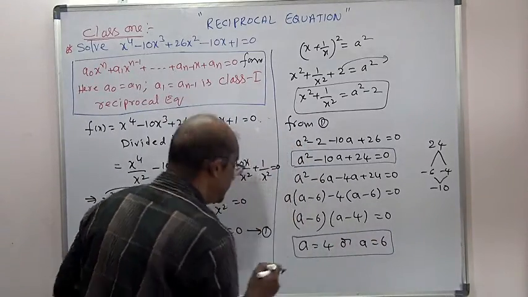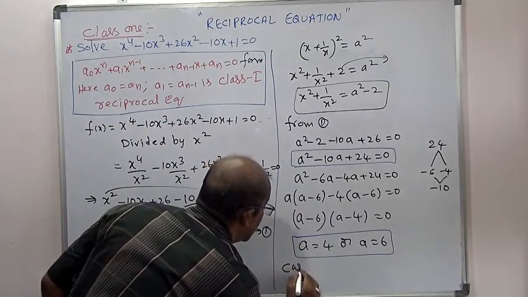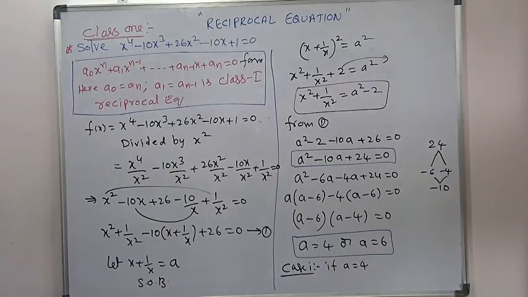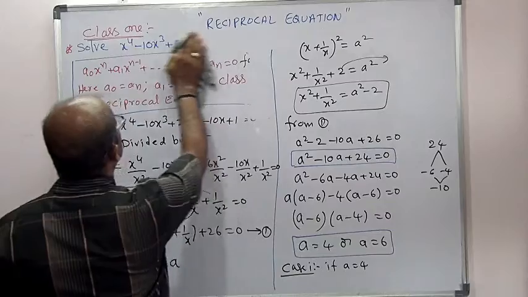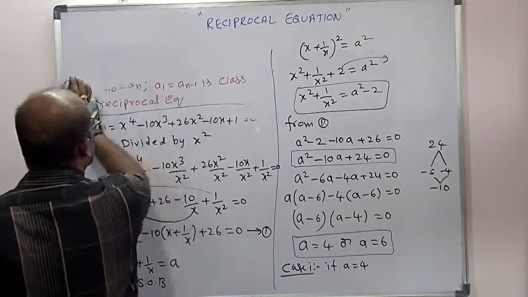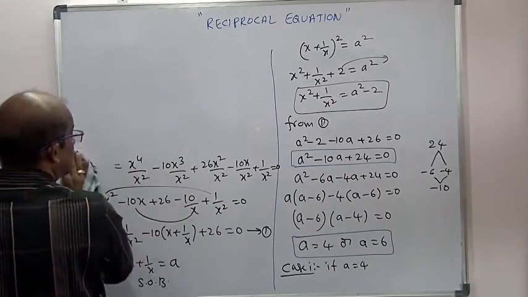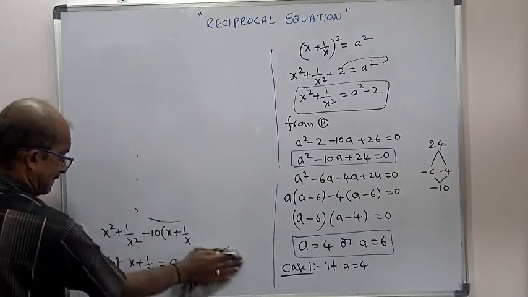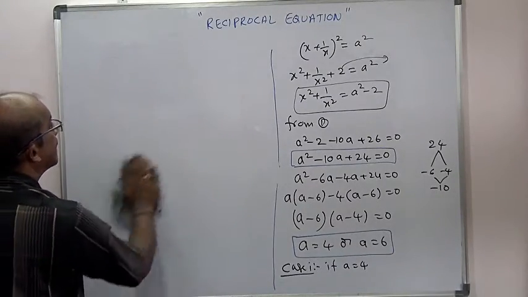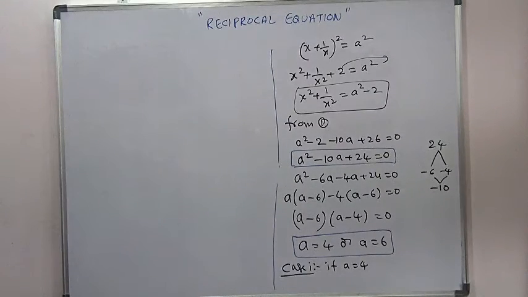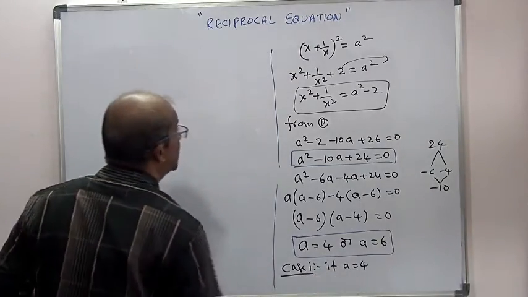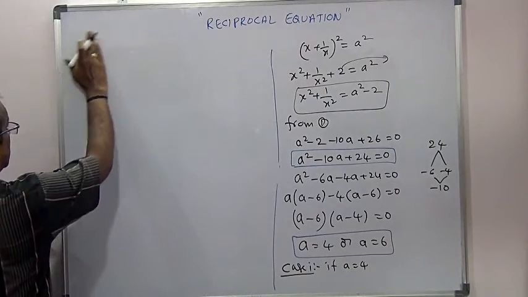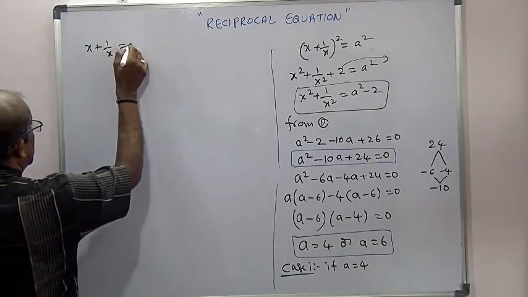Now, what is the a value in case 1? In case 1, if a is equal to 4, x plus 1 by x is equal to a.